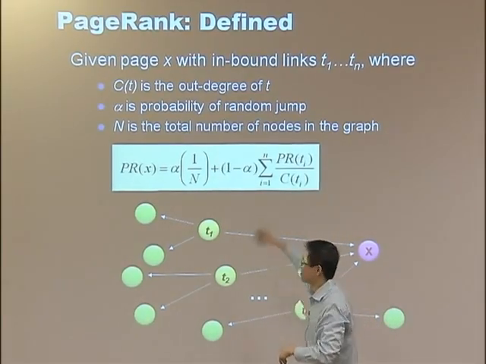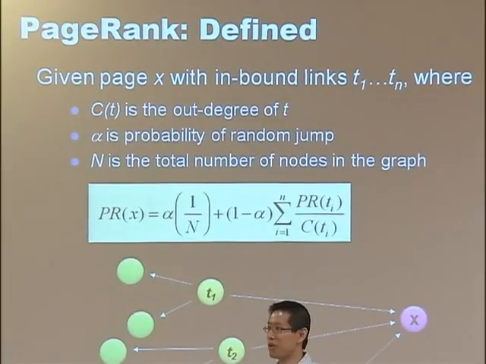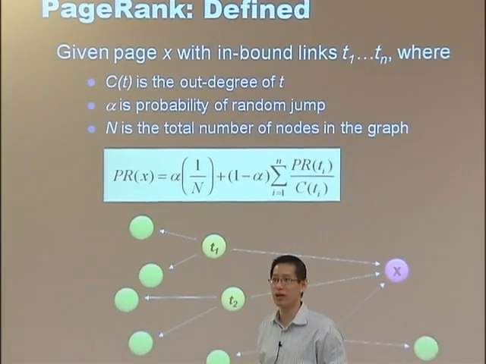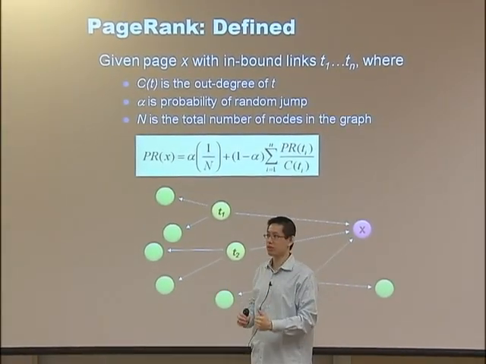Okay, so what's this business with alpha and 1 minus alpha? In fact, I lied a bit. The blind, drunk, web-clicking monkey doesn't just randomly surf. Every time, he flips a biased coin. With some probability, he's going to surf.